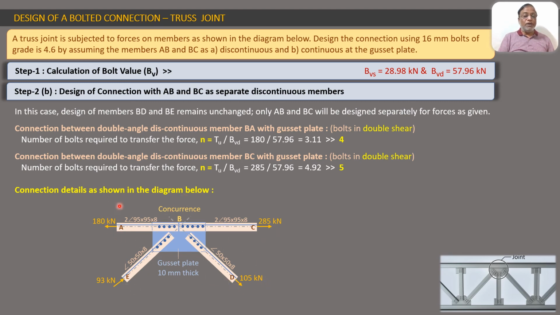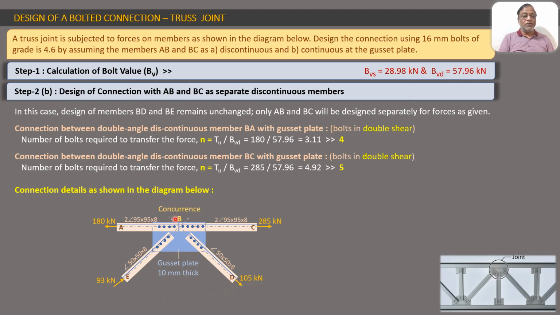So we have to design this BA member separately and member BC separately with these forces acting as shown. Otherwise this BE and BD are as they are. There is no change in their design. So that design stands as it is.